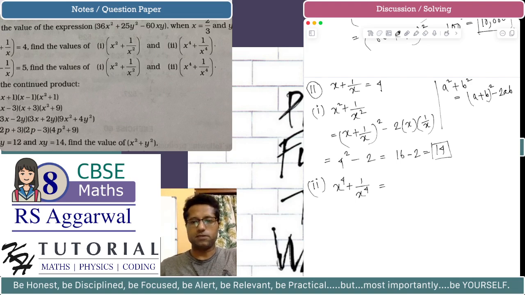So x to the power 4 plus 1 by x to the power 4 is nothing but x square plus 1 by x square, whole square.